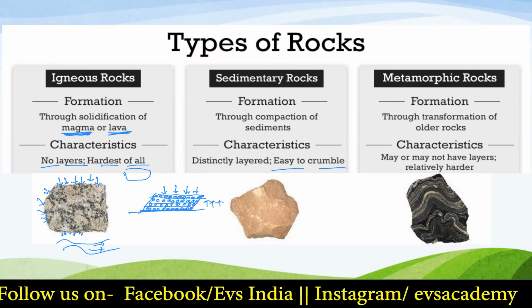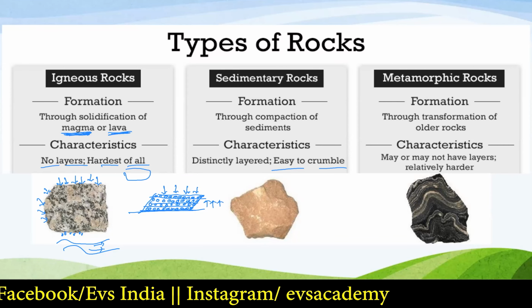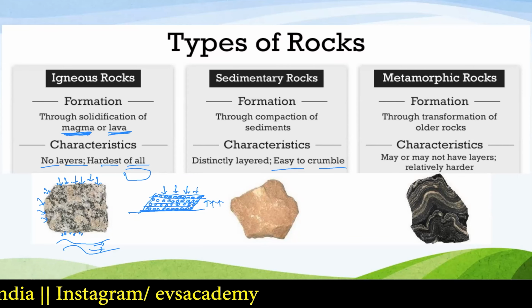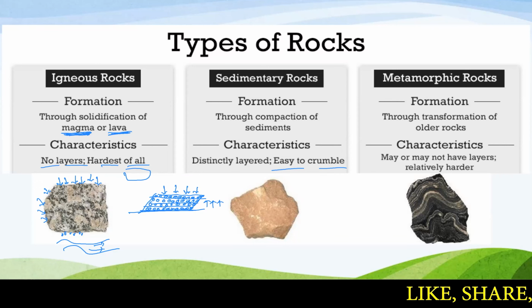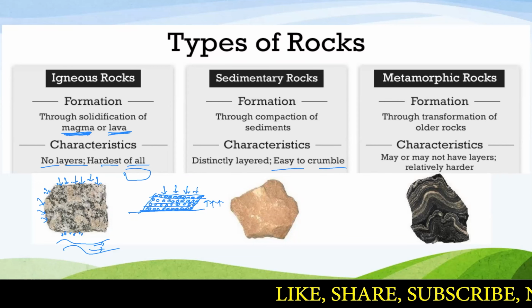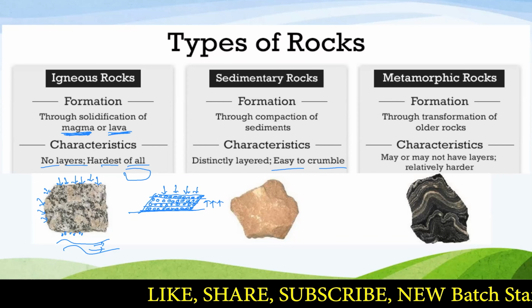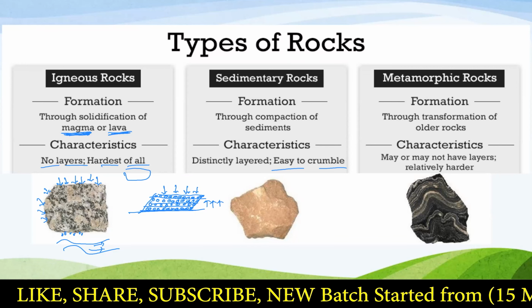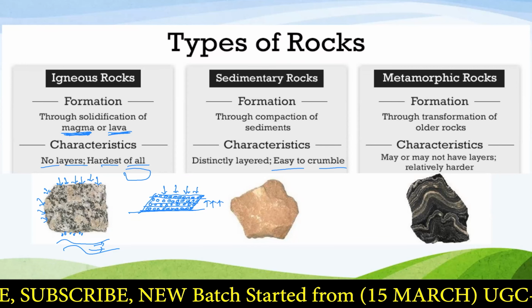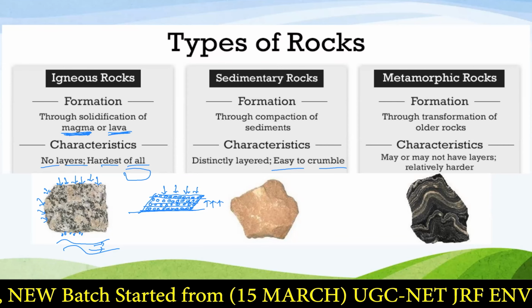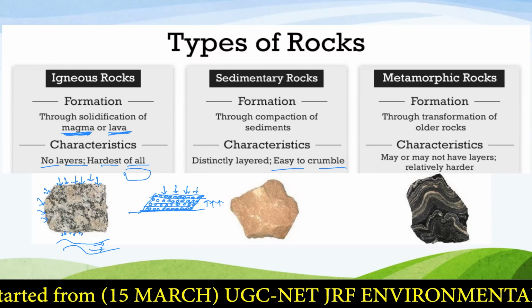Due to the impact of very high pressure and very high temperature, a transformation of these things will take place, and this will lead to the formation of a very new type of rock, which is not sedimentary and not igneous. This is called the metamorphic rocks, because metamorphosis, or transformation, takes place here.